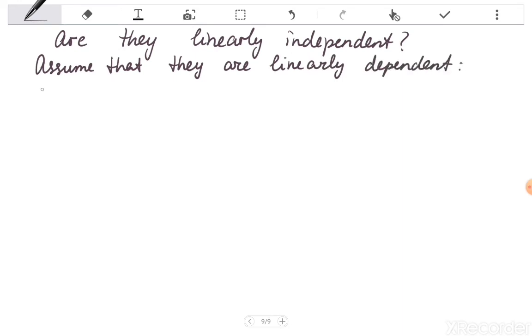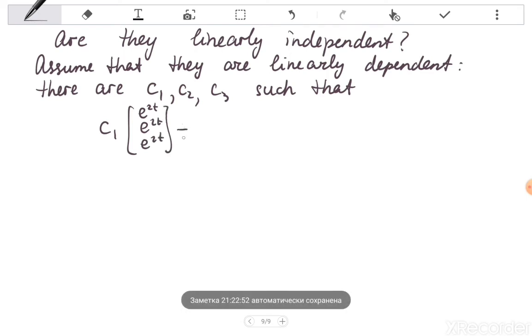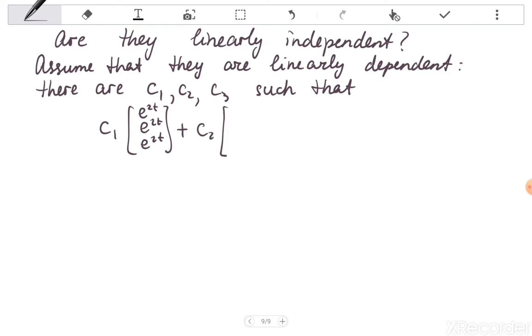And what does it mean? It means that there are C1, C2, C3 such that C1 times e to the 2t, e to the 2t, e to the 2t plus C2 times minus e to the minus t, 0, e to the minus t plus C3 times 0, e to the minus t, minus e to the minus t.